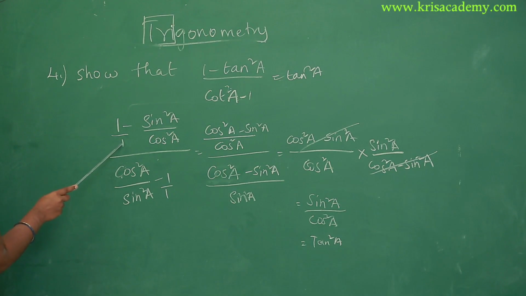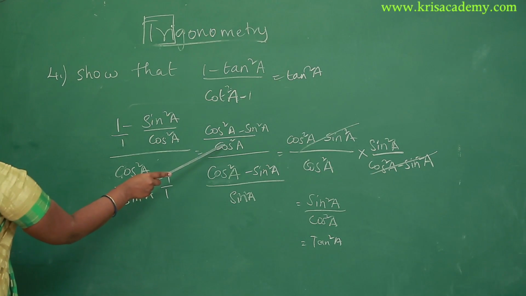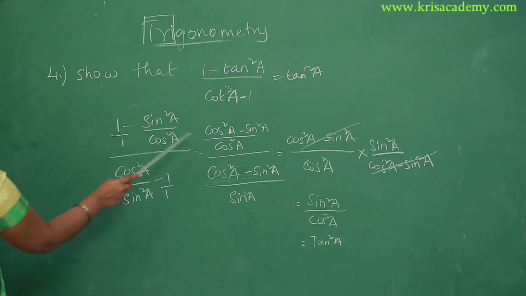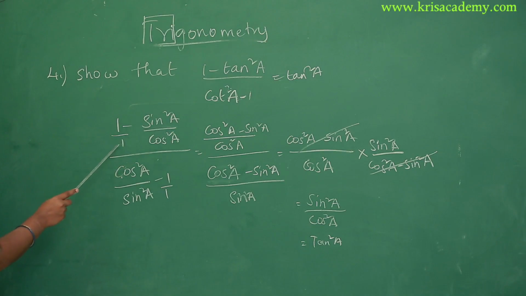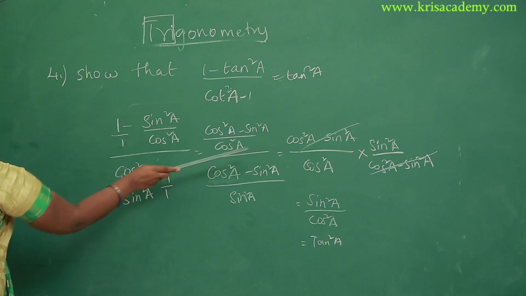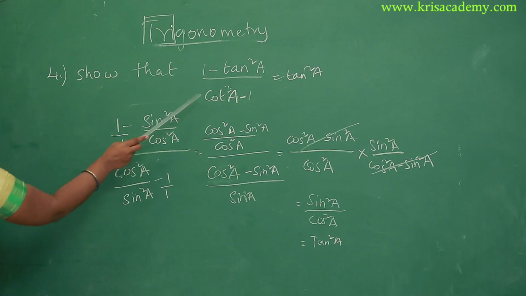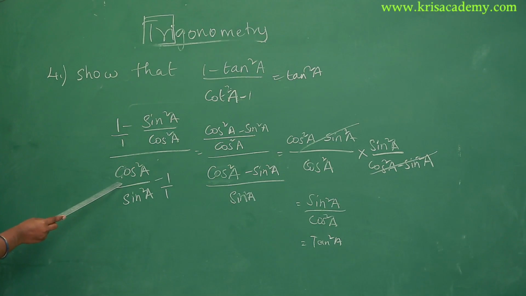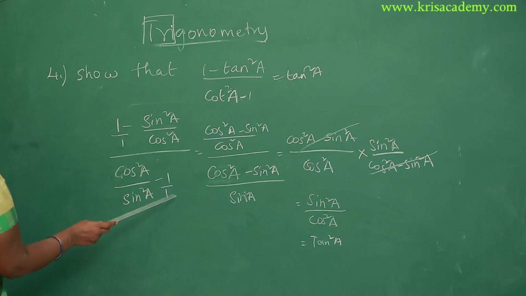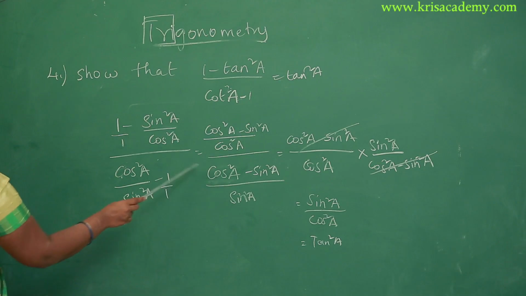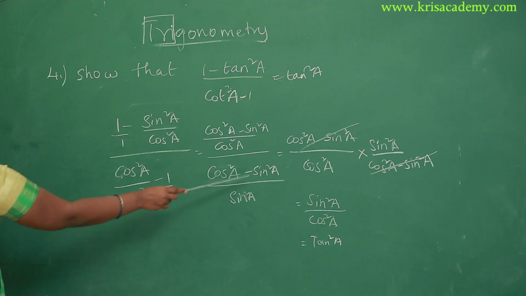If no denominator is there in 1, you have to take it as 1. 1 into cos square a is cos square a, then 1 into cos square a is cos square a, sin square a into 1 is sin square a, that is the numerator. Now coming to the denominator. Cot square we have converted into cos square a by sin square a, minus 1. Here also we don't have a denominator, so take it as 1. 1 into sin square a is sin square a. 1 into cos square a is cos square a. 1 into sin square a is sin square a.